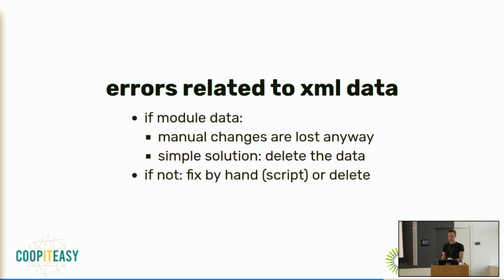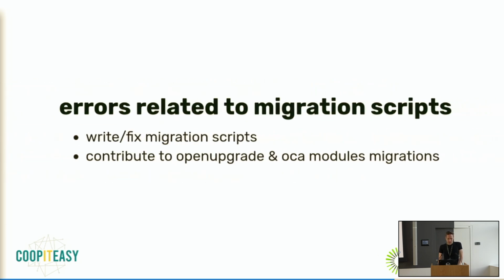Now, some errors. If you get errors related to XML data, if it's module data, and because manual changes are lost anyway, the simple solution is just to delete the data. It will most probably be recreated automatically with the module update. If it's not coming from a module, then you need either to fix it by hand or script, or delete it. That's up to you.